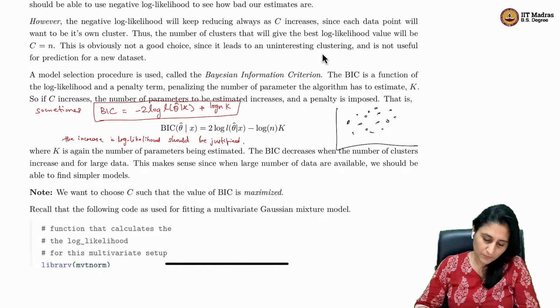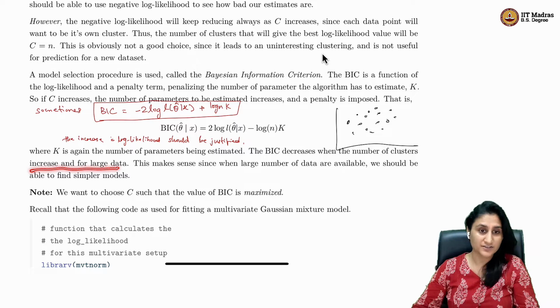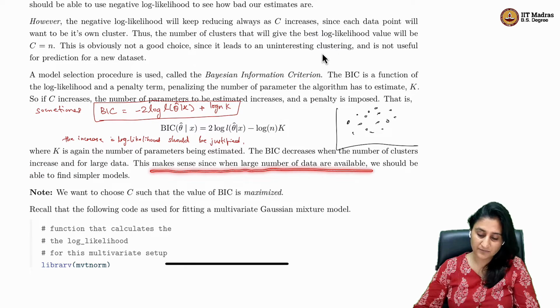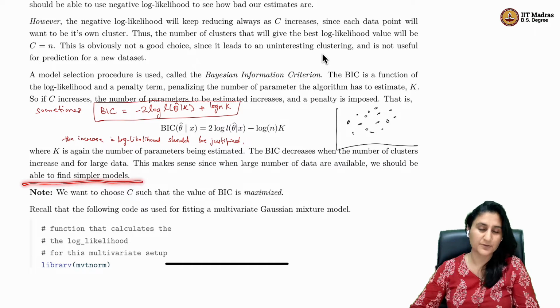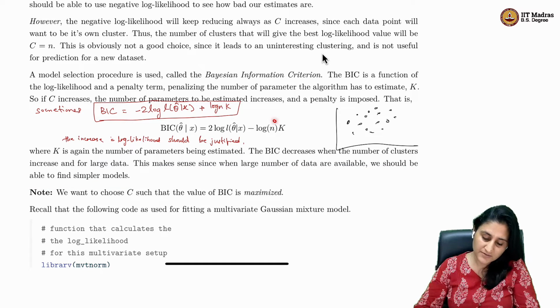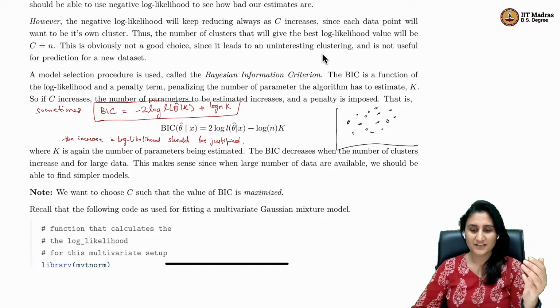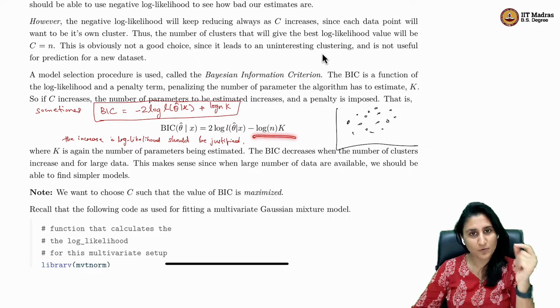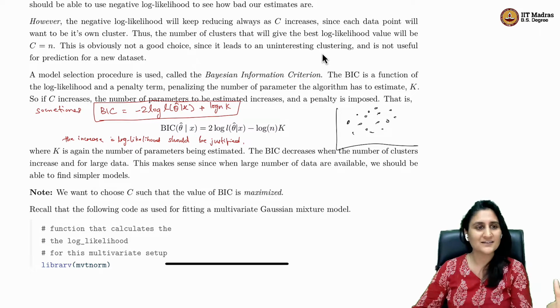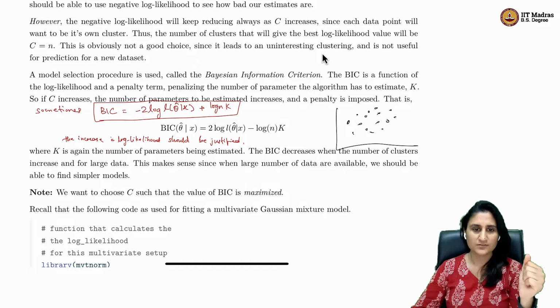And so the BIC decreases when the number of clusters increases for large data. This makes sense, since when a large amount of data is available, we should be able to find simpler models. This point is trying to indicate that the penalty term has a factor of n in it, which means if I have a large amount of data, then I want to penalize more and more, because if I have more data, then I should be able to find the simpler trends, the simpler models.